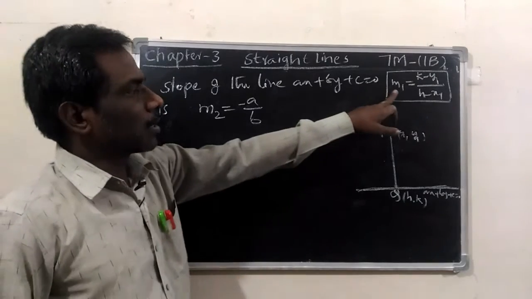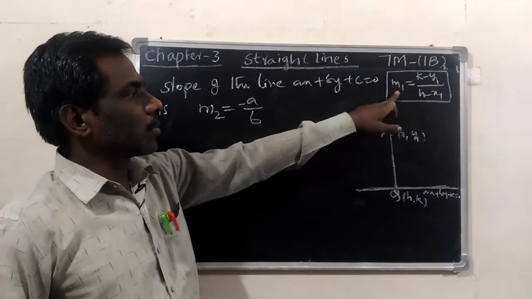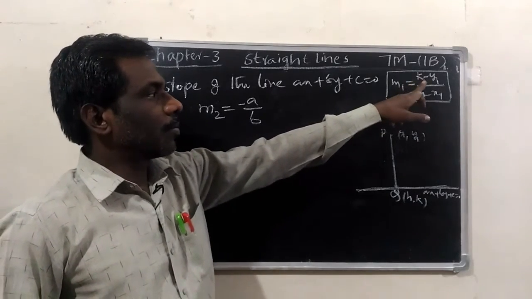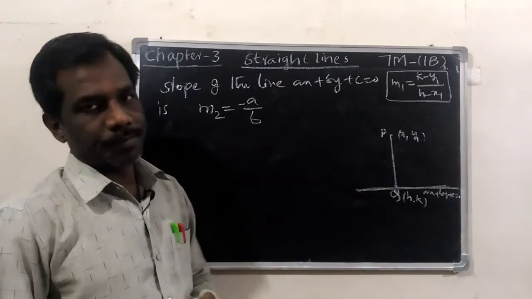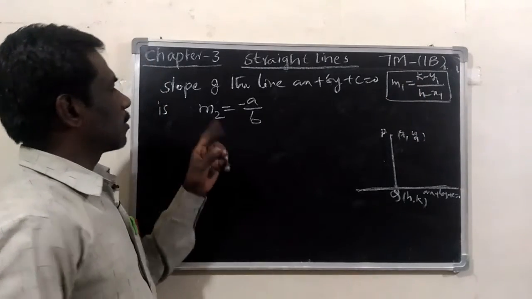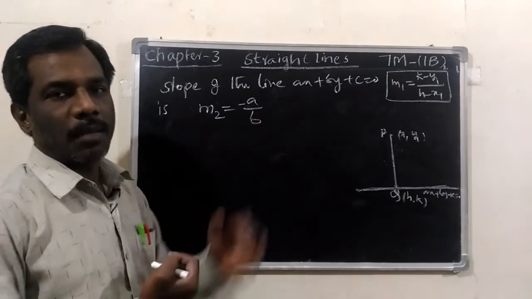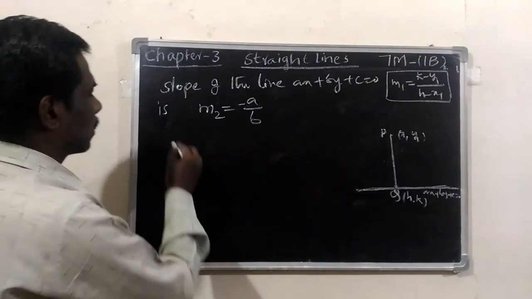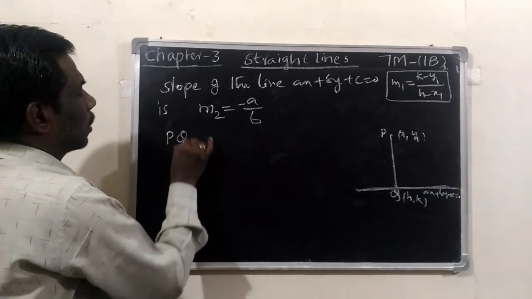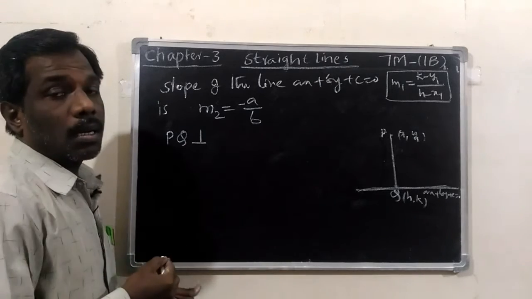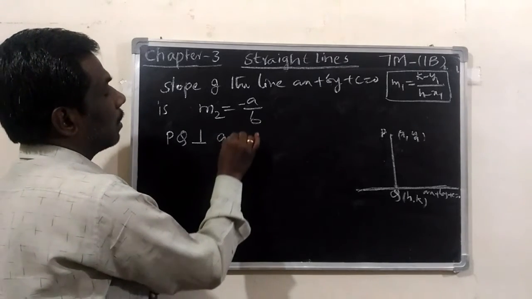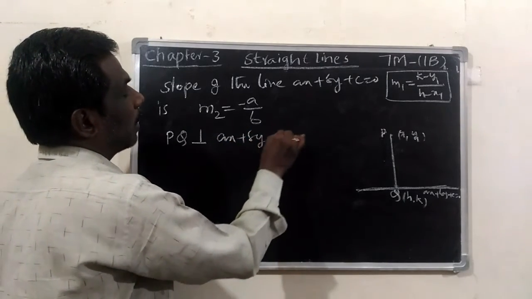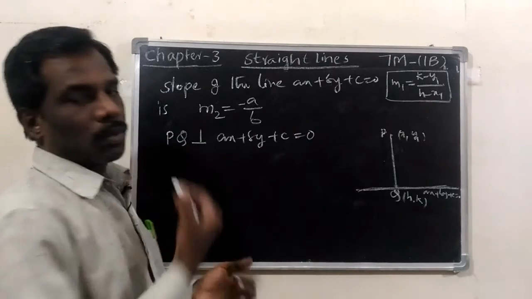So the first slope m1 = (k - y1)/(h - x1), and the second slope is -a/b, and these two lines are perpendicular lines. Here PQ is perpendicular to the line ax + by + c = 0.